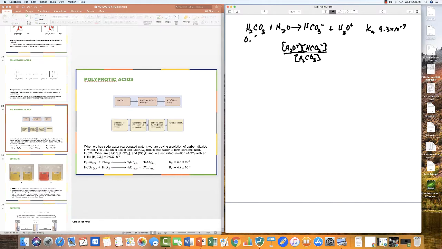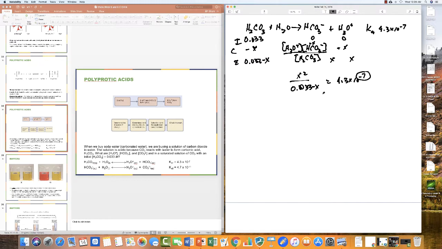So we know that this is 0.33 to start, 0.033, excuse me. This is the initial, this is 0, this is 0. The change here is going to be minus x, and x. And so we're going to have 0.033 minus x at equilibrium, and x at equilibrium. So that x squared over 0.033 minus x is going to equal 4.3 times 10 to the minus 7.